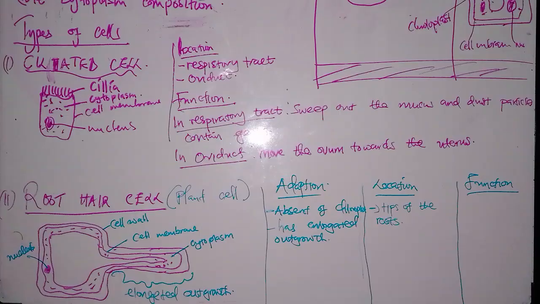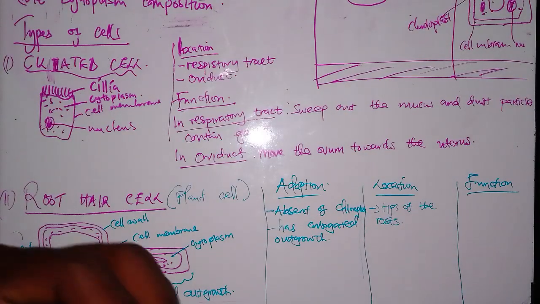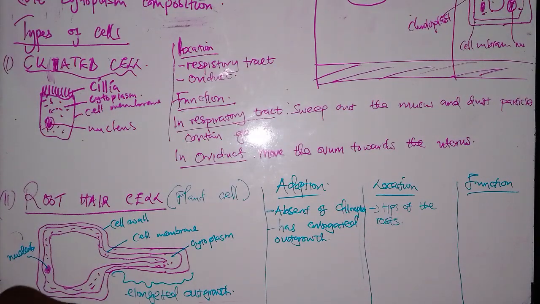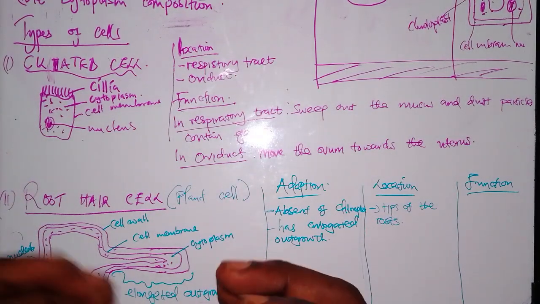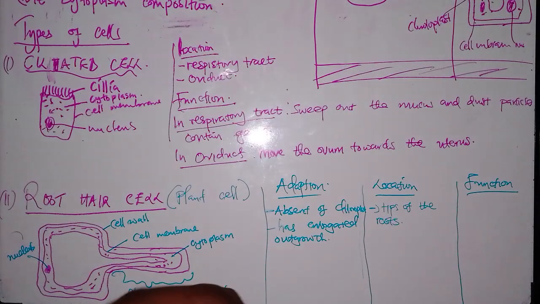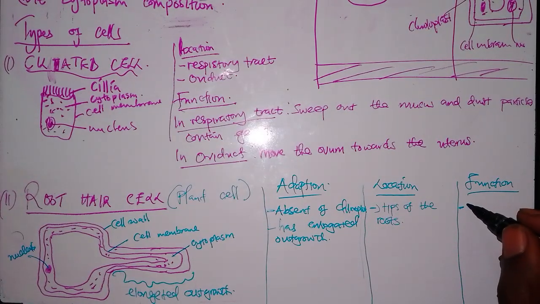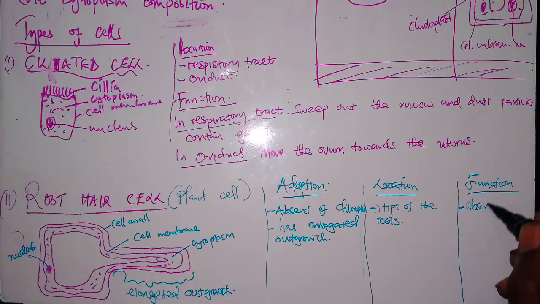What is it doing at the tips of the roots? We know that plants mainly absorb minerals and water from the roots. So if this cell is found at the tips of the roots, meaning its function is to what? Absorb water and mineral salts. So this cell absorbs water and mineral salts.